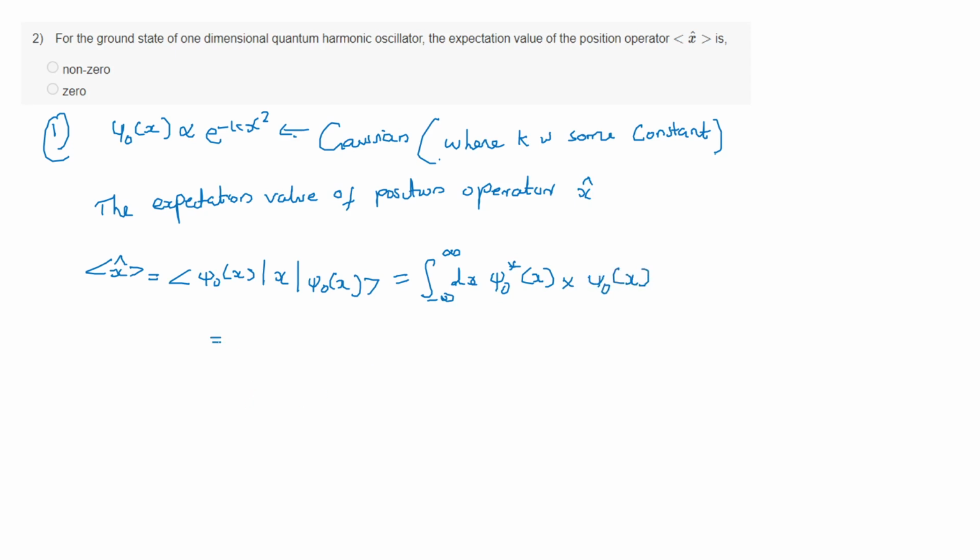Then we can write it as the integral from minus infinity to infinity dx x times the square of psi 0 of x.